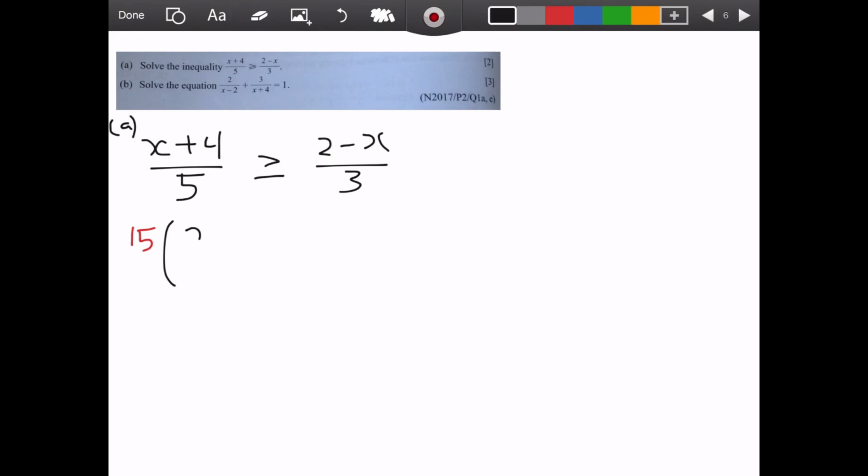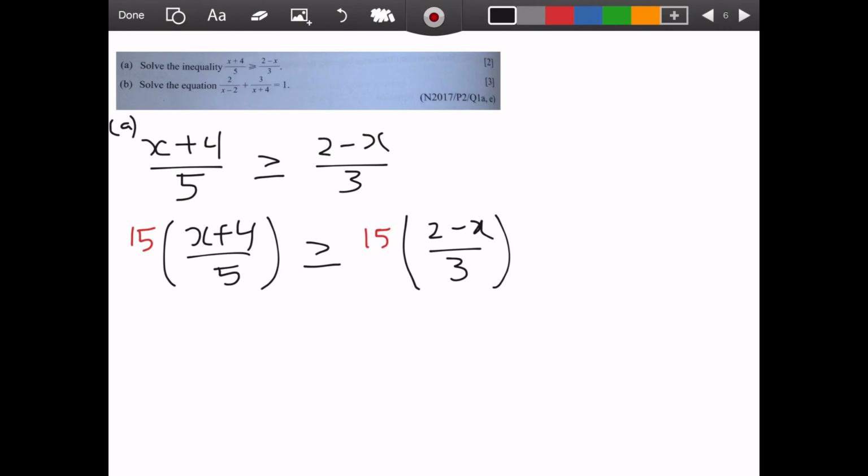x plus 4 over 5. This is just to simplify it. Multiply by 15, 2 minus x over 3, and you realize that you cancel this off, you get 3 over here. 15 divided by 5 is 3, right? 15 divided by 3, you get 5 over here.